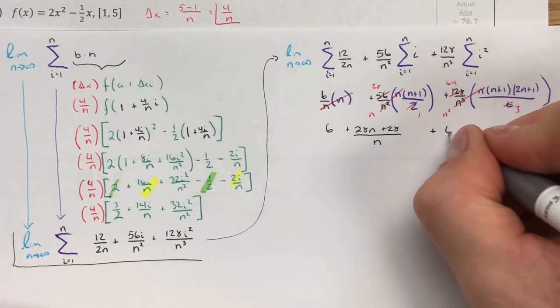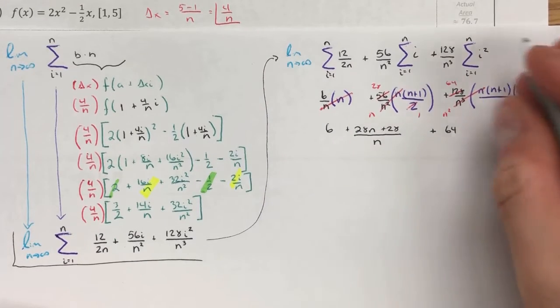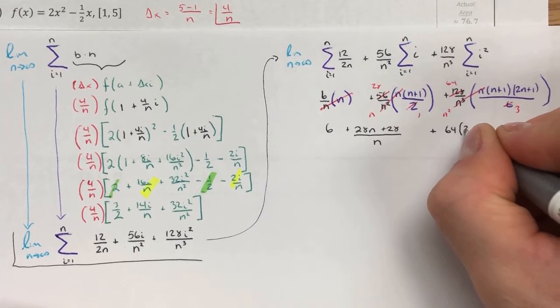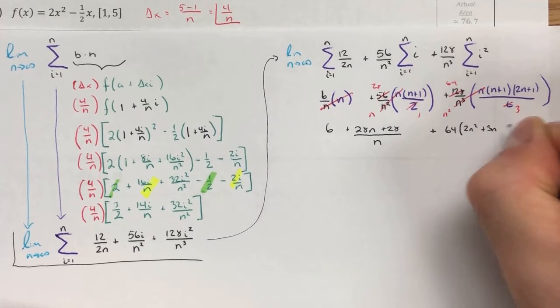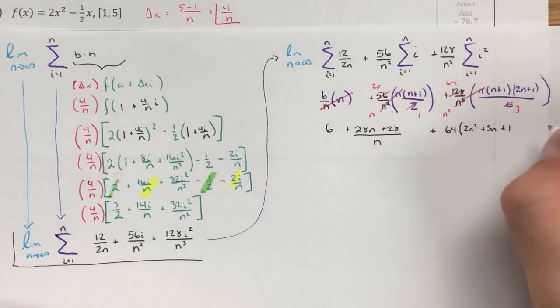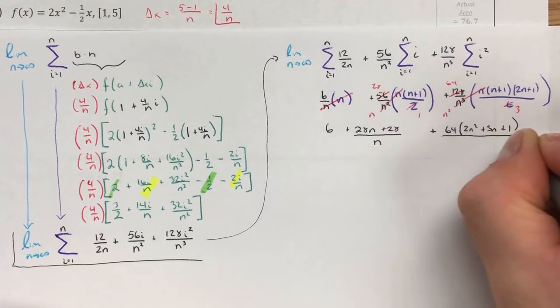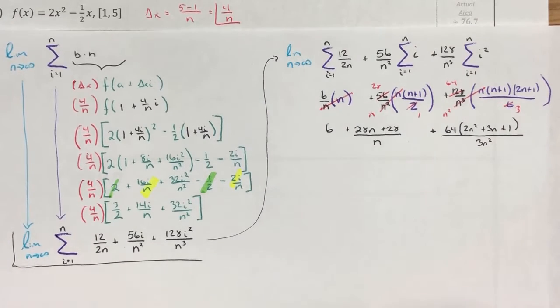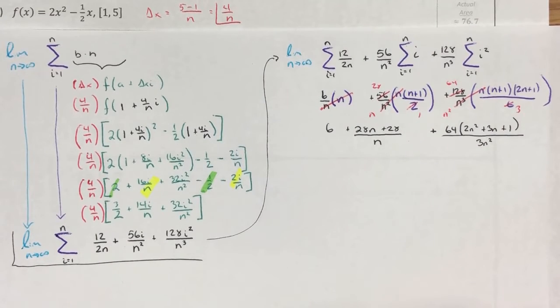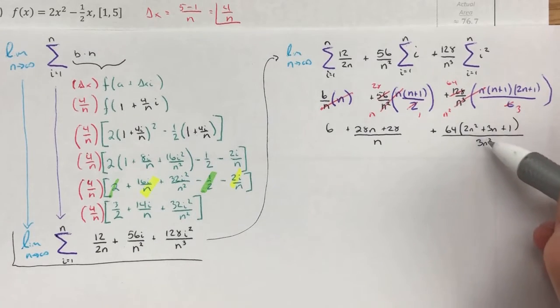Okay, so over here I have 64. I'm going to go ahead and FOIL this. I have 2n squared plus 2n plus n is plus 3n plus 1, all divided by 3n squared. So when we look at this, we see again that we're going to be approaching these n squareds. These are going to take precedence.